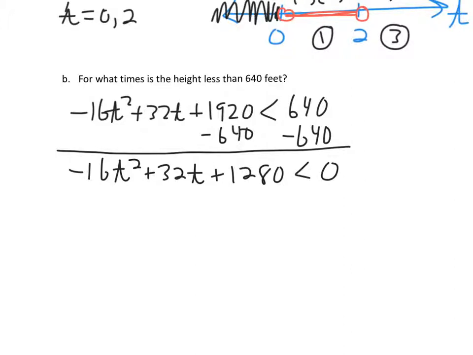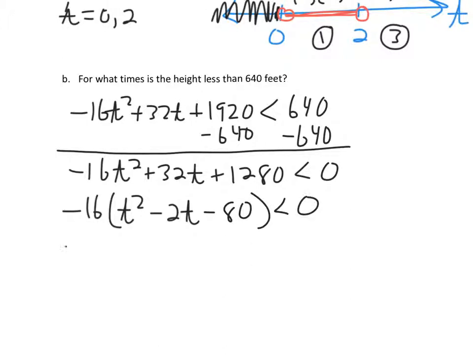Alright, now we need to factor this. Now the numbers are kind of large, but luckily we can factor out a 16 out of everything. In fact, I'm going to factor out a negative 16, which leaves us with t squared in the first term, then a minus 2t for the next one, and then minus 80 for the third.